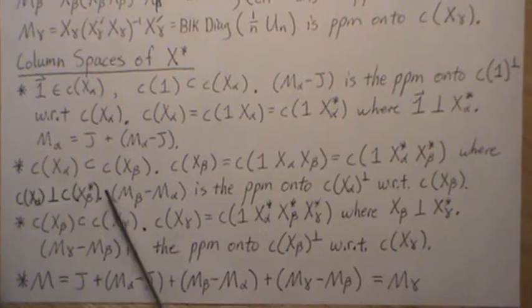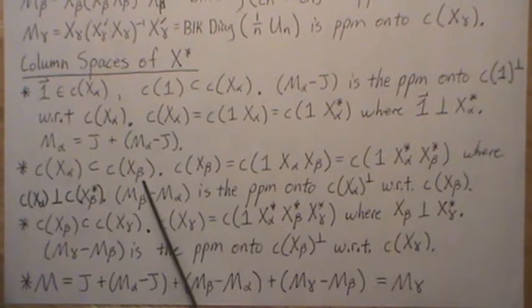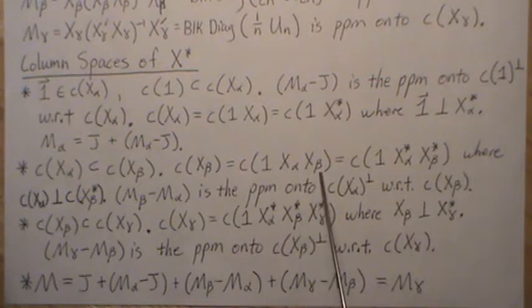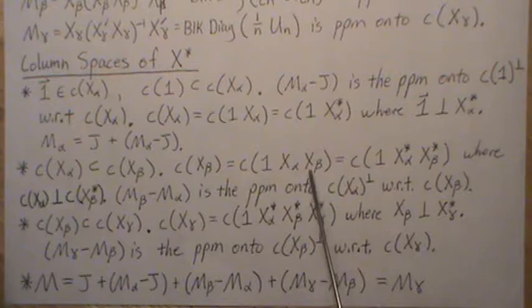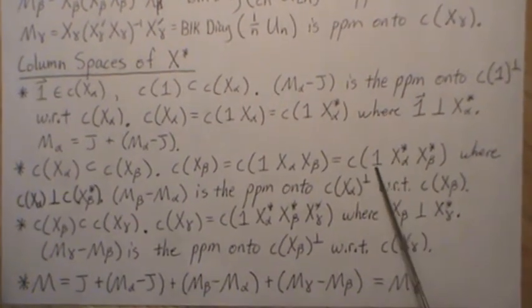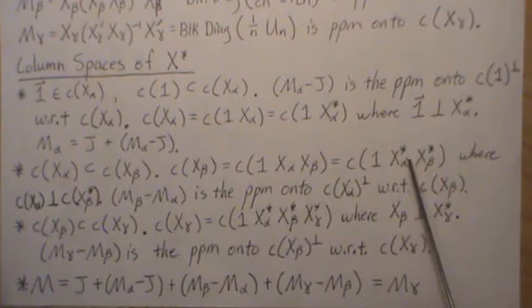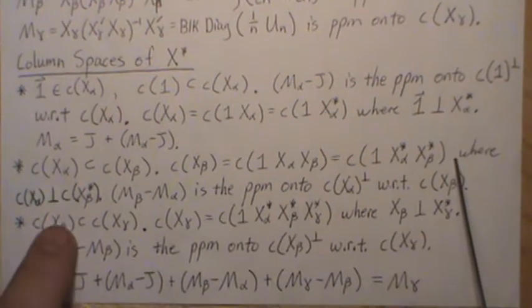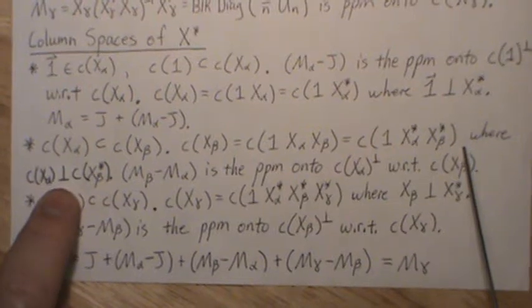Column space of X alpha is a subset of the column space of X beta. So column space of X beta is still this, because each one of these is within this column space. But you can create little column spaces that are orthogonal. So these columns are orthogonal to 1, and then you create these columns orthogonal to these, right? So they're all orthogonal.